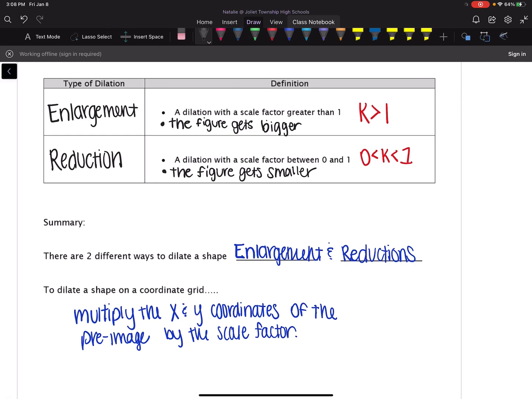And then you can pause the video at this time to fill out the summary portion. It just goes through what I just talked about with enlargements and reductions and how we're going to dilate a figure numerically.